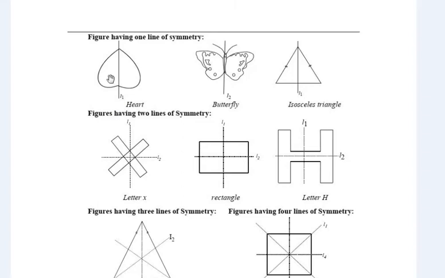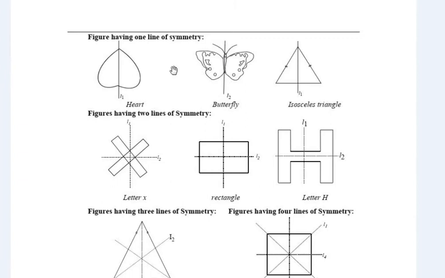Those objects which can be divided by one line of symmetry only are known as having one line of symmetry. This butterfly and this heart can be divided by one line only. Suppose we divide it like this in a horizontal pattern, will it be symmetrical? No, it won't be a symmetrical object. That's why this one has only one line of symmetry.